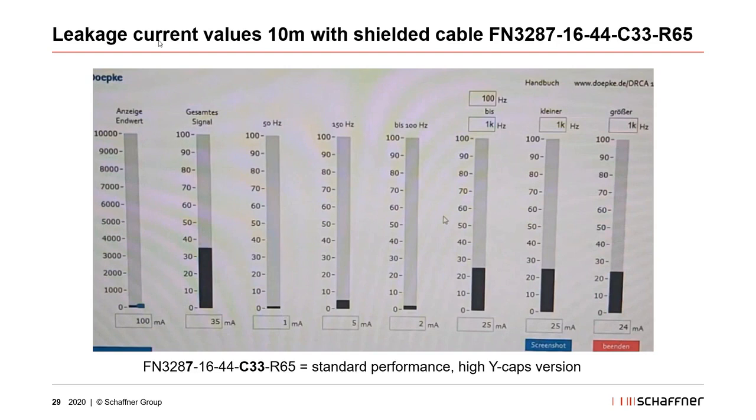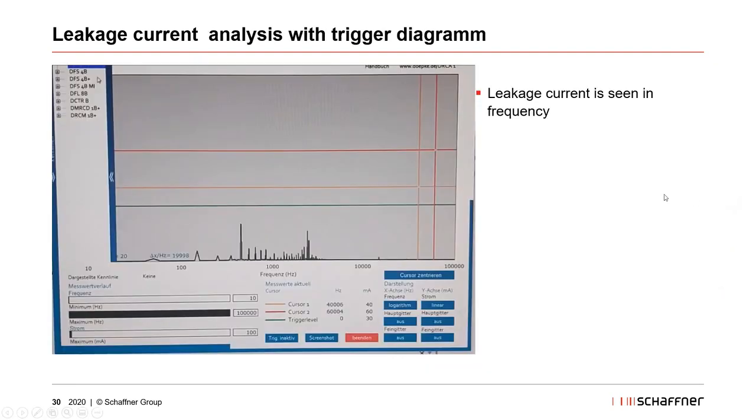So for example, if we have a 10 meter shielded cable with this standard performance filter, with the usual version, we can see that we have about 35 milliamp of leakage current in the system. If we compare to the next one, sorry, I mixed up my slides. I will show the comparison between the two filters later on.